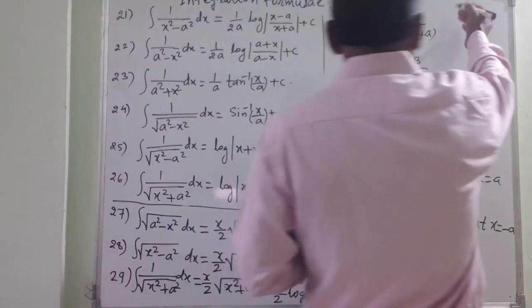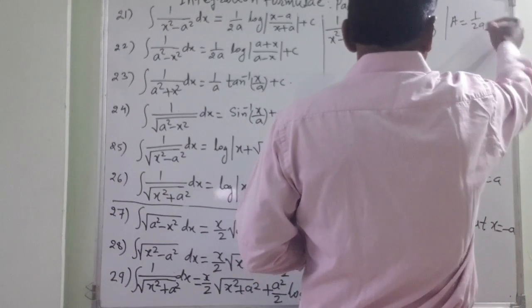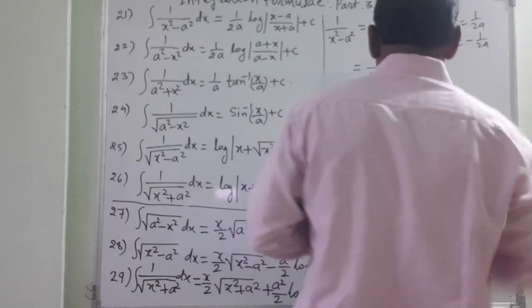So I will write here A is equal to 1 upon 2a and B is equal to minus 1 upon 2a. These are the values.